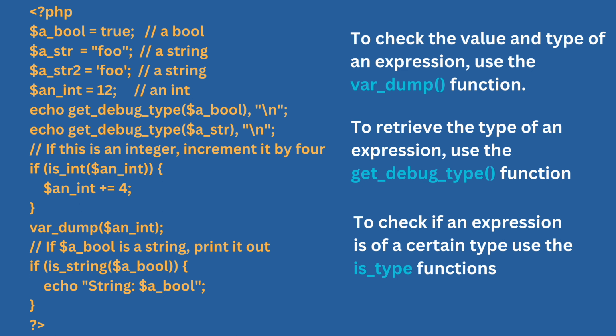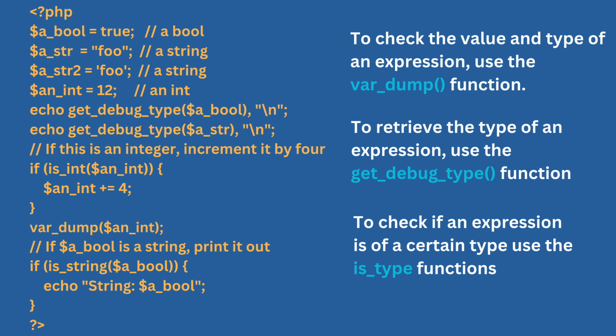So how can we check the value and type of an expression or variable? We have two functions here. One is var_dump, which helps to check value and type both. And if you want to just get the type, use get_debug_type. Clear, guys?